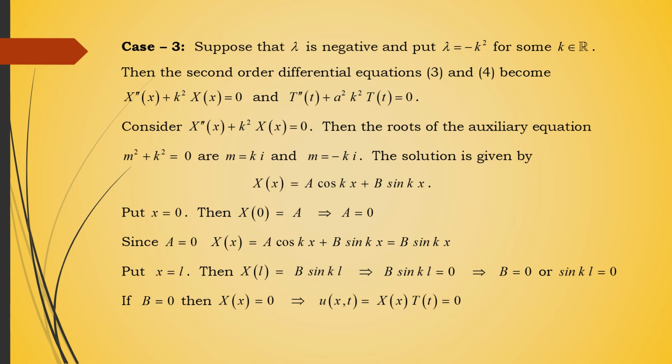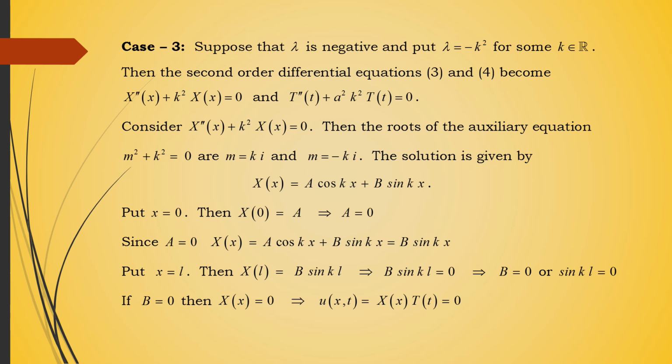If we write its auxiliary equation, the auxiliary equation is m² + k² = 0. The roots of the auxiliary equation are m = +ki and m = -ki. Here i² = -1. The roots are imaginary roots.